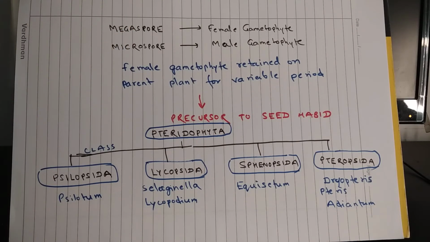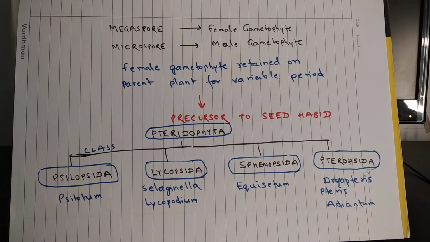What happens in seed bearing plants? In case of gymnosperms and angiosperms, the seeds develop inside the ovary. For example, in a mango fruit or any other fruit, the ovaries are inside the fruit, or the mature ovary forms a fruit, and for a certain period of time the fruit remains on the tree so that it gets proper nutrition, so that seeds can be more reliable and can withstand unfavorable conditions.